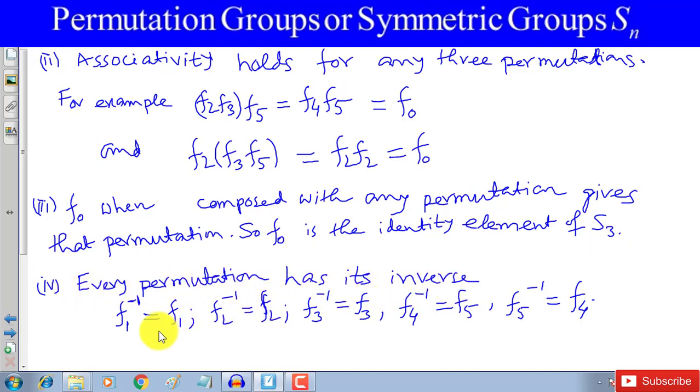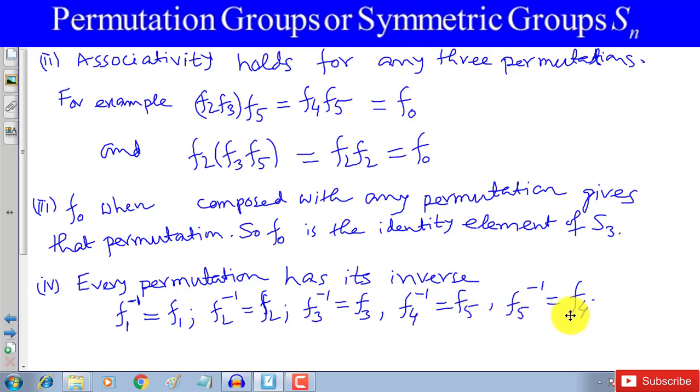Here f1 inverse is f1, f2 inverse is f2, f3 inverse is f3, f4 inverse is f5, and f5 inverse is f4.